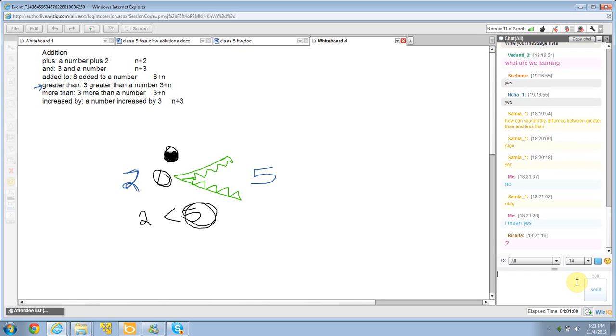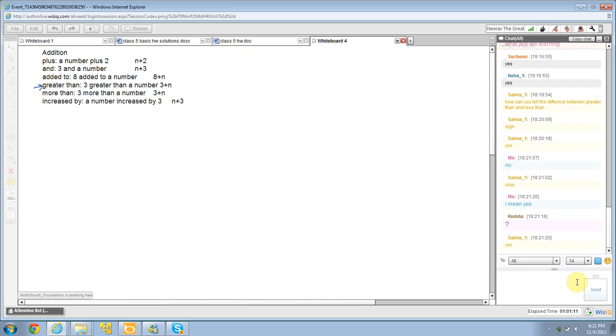Okay, moving on. It was just a little drawing for an alligator to help remember which one is greater than and which one is less than. Those are a couple little tricks that help sometimes. Okay.